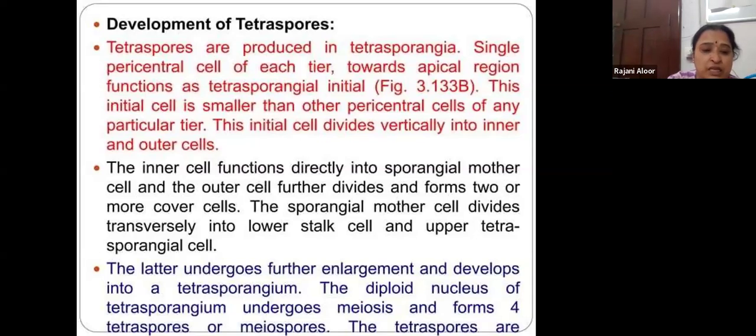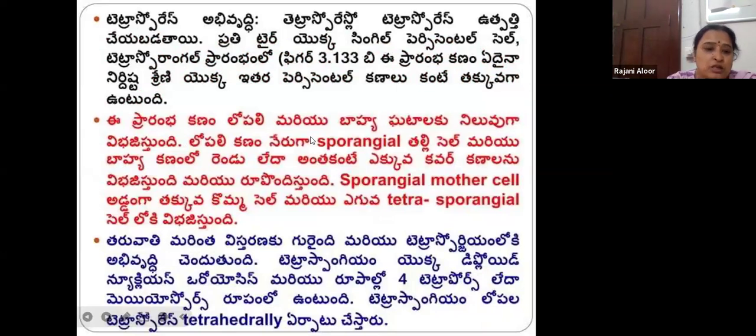The sporangial mother cell divides transversely and forms a lower stalk cell, and the upper one is the tetrasporangial cell. The latter undergoes further enlargement and develops into the tetrasporangium. The diploid nucleus undergoes meiotic division to form 4 tetraspores, which are also called meiospores.